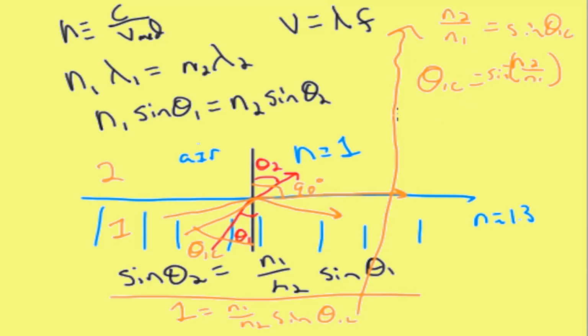So yes, it is an angle, and theta 1 critical will be approximately sine inverse of 1 over 1.3, and that should be a number around 50 degrees. Alright.